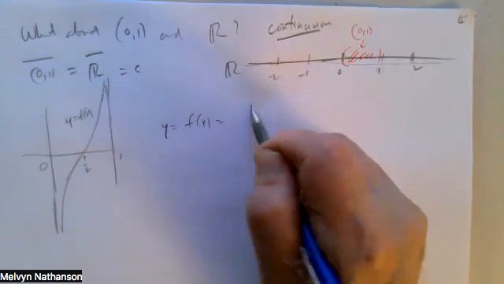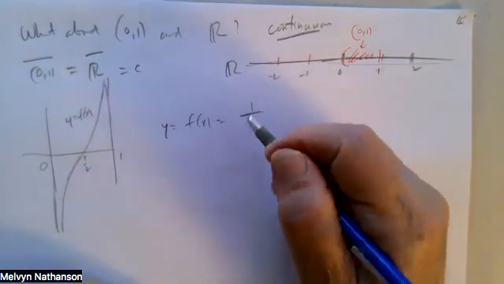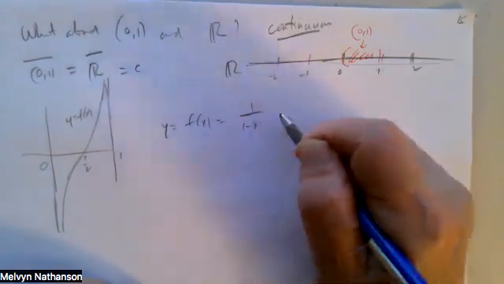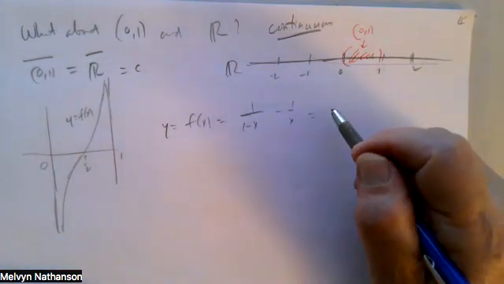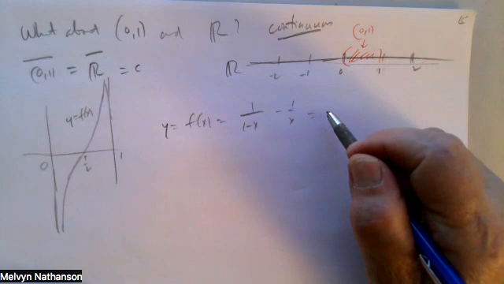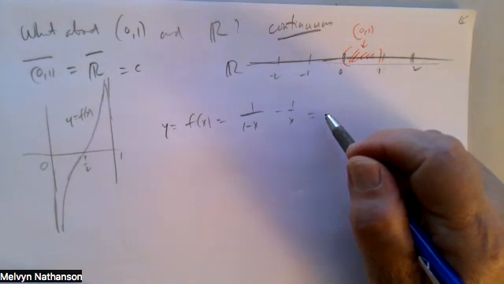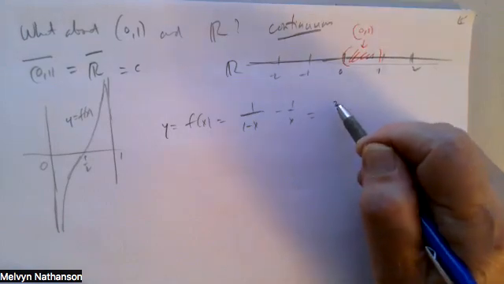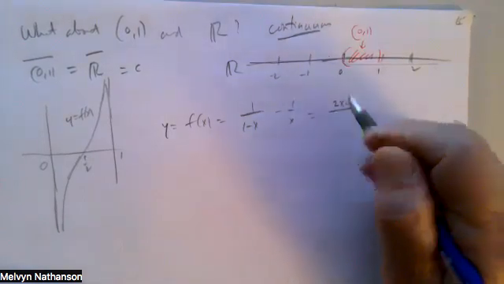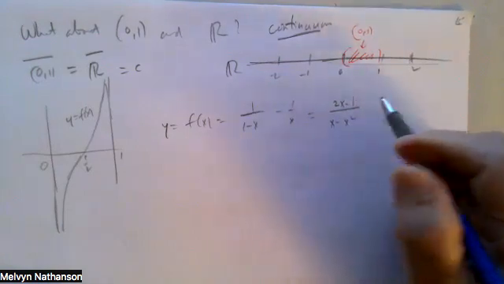The function f of x is 1 over (1 minus x) minus 1 over x, which is (2x minus 1) over (x minus x squared).